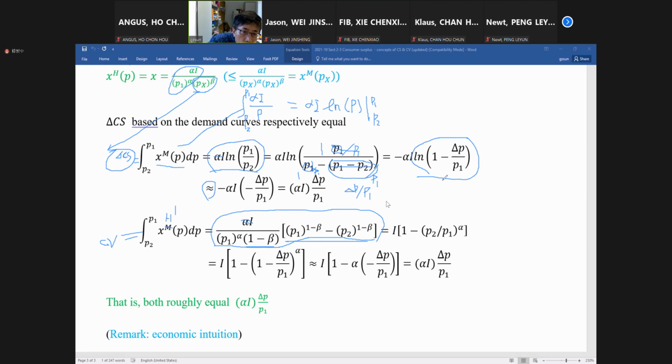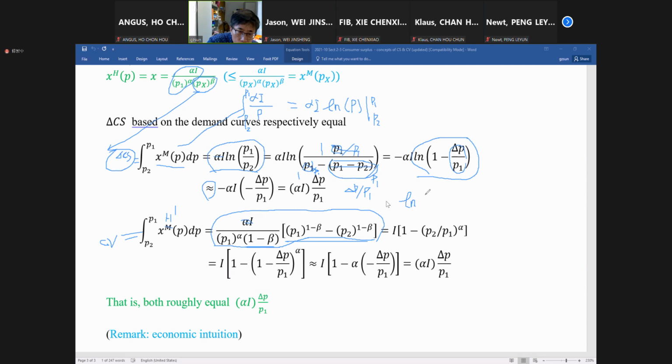Because we want to figure out what the value of this log function will be when the price changes a little bit, not very big. If the price change is not very big, this number is pretty small. And then we claim this log.